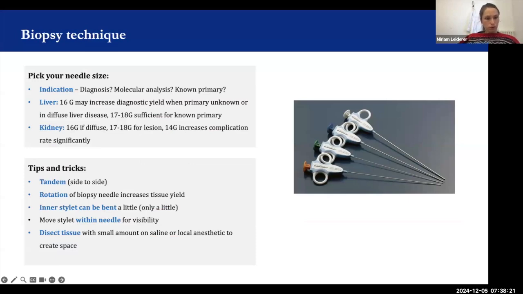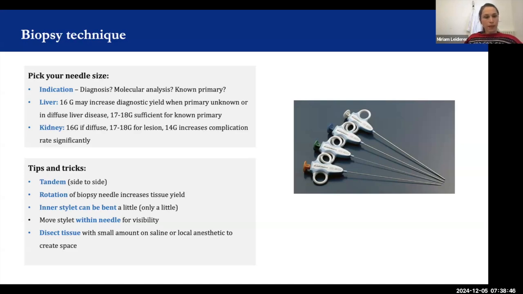Try to rotate your needle between taking biopsy samples, as that will increase your tissue yield. If you have a difficult axis where you feel it's a little dangerous, maybe trying to go close to a blood vessel or something like that, then you can use a tandem technique.